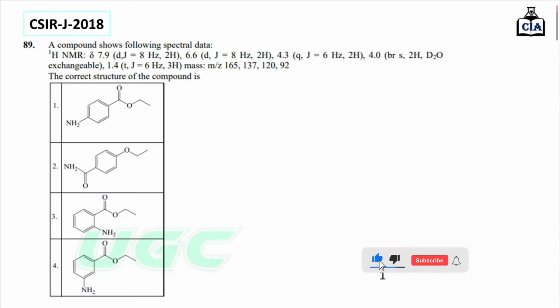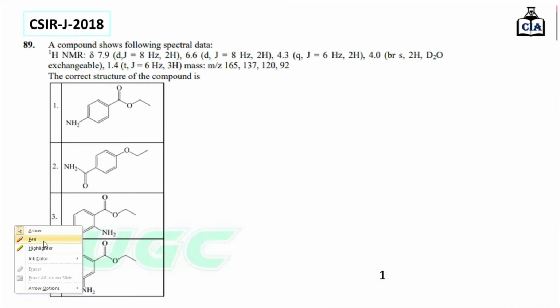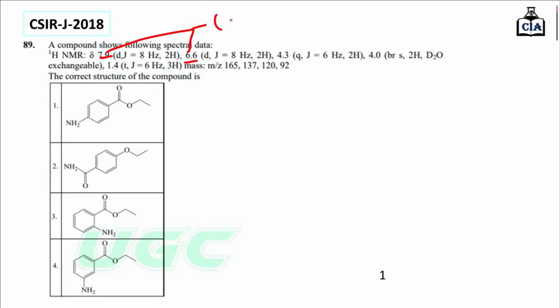Now next question from CSIR June 2018. In this question we have to find out the correct structure for this organic compound which has the above NMR data. If you look at the signals 7.9 ppm and 6.6 ppm, this indicates these two signals are doublets with J value equal to 8 Hz and for 2H each.